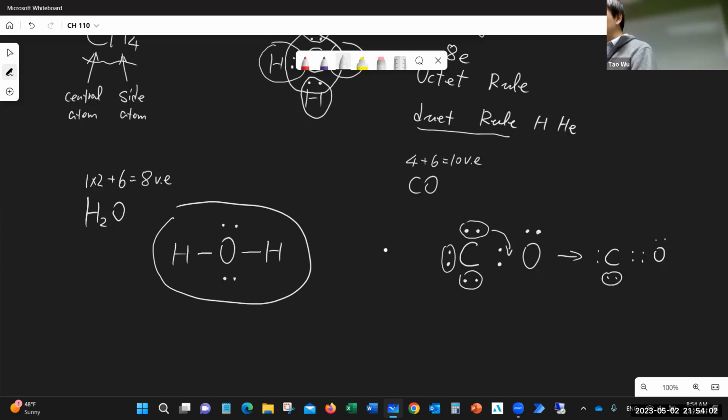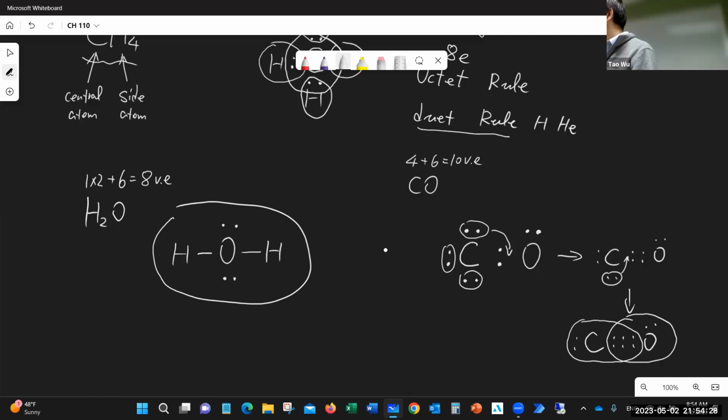So we can move this to the shared electrons. So you will see something like that. Okay, then you double check, okay, this carbon has 8 electrons, and this oxygen will also have 8 electrons. So now everything follows the octet.